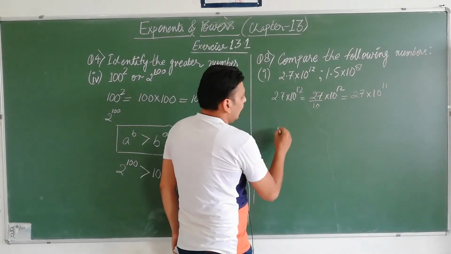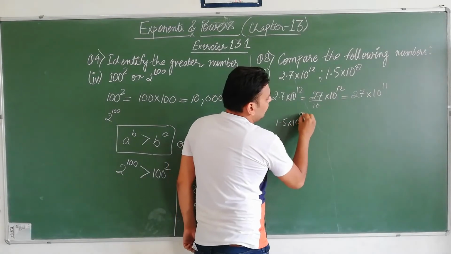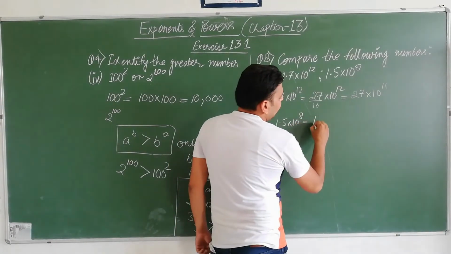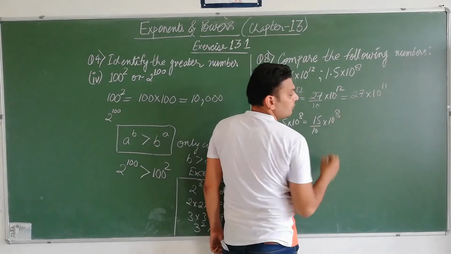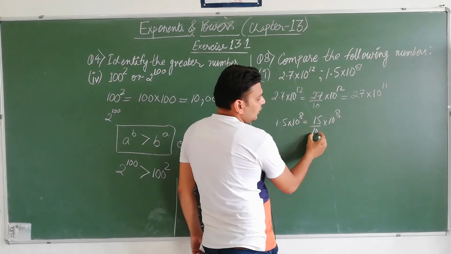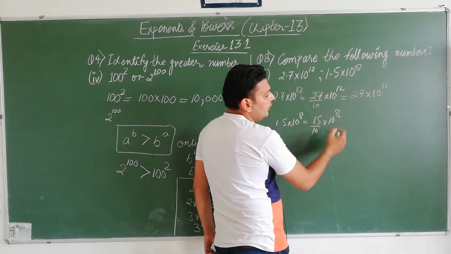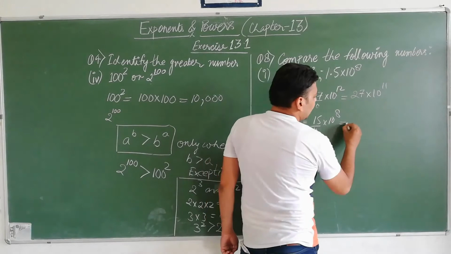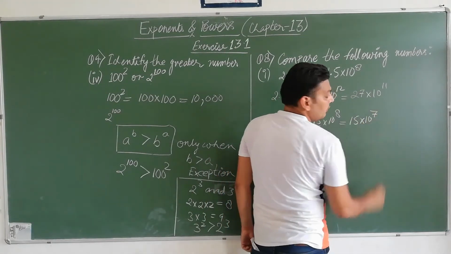And 1.5 into 10 to the power 8 can be written as 15 by 10 into 10 to the power 8. Here the denominator 10 will cancel out one of the 10 of 10 to the power 8, and it will become 15 into 10 to the power 7.